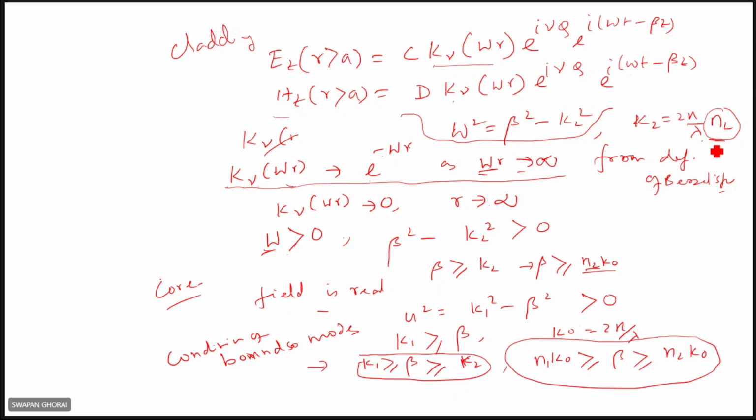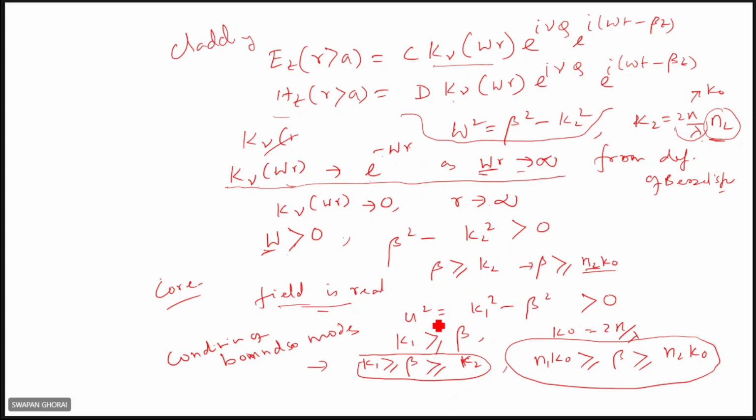Similarly, 2 pi by lambda is the free space parameter K0, so K2 is K0 N2, right? So within the core, the field is real, and within the clad, the field is decaying in nature, but within the core, the field is finite and real.